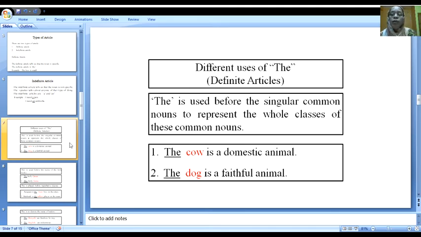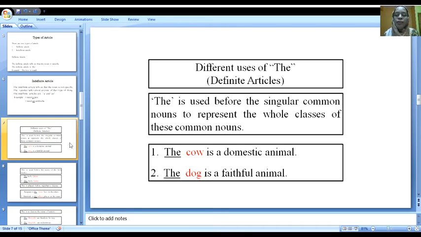Today we'll learn different uses of definite articles, that is the. That means why should we need to place article the? There are some rules. Rule number 1, the definite article the is used before the singular common nouns to represent the whole classes of these common nouns.